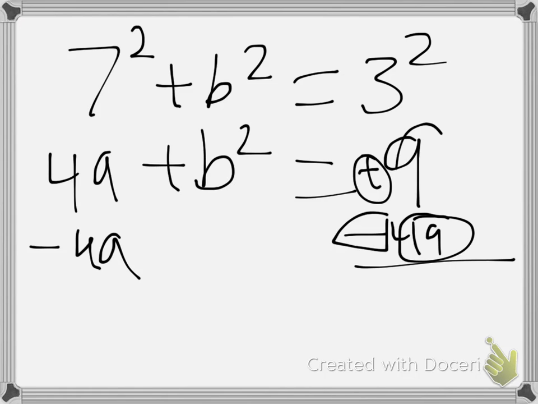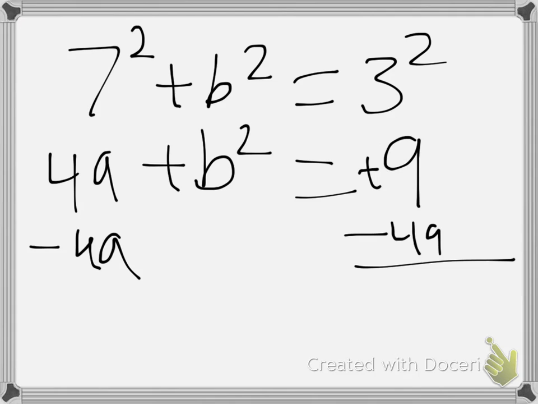The 49 is bigger than 9, right? So when we're adding or subtracting, we have to keep the sign of the bigger number. Because 49 is bigger than 9, the final answer is going to be negative, because that's the sign of the 49. We're not looking at whether 9 or negative 49 is bigger. We're looking at whether 9 or 49 is bigger.